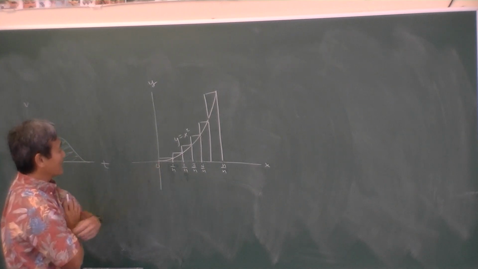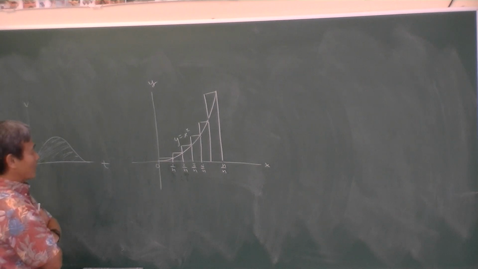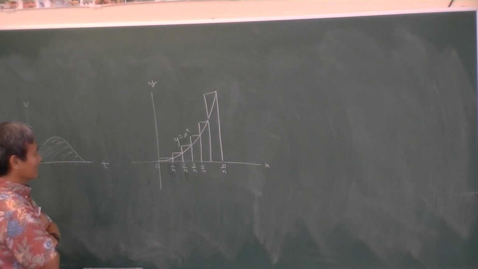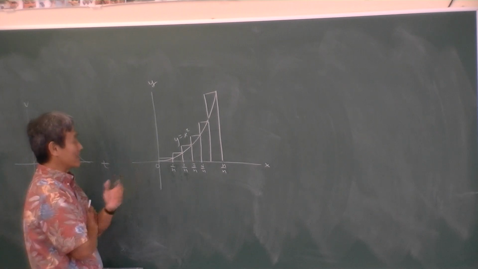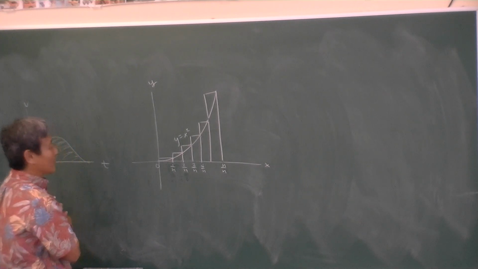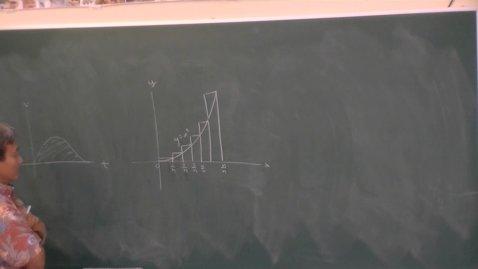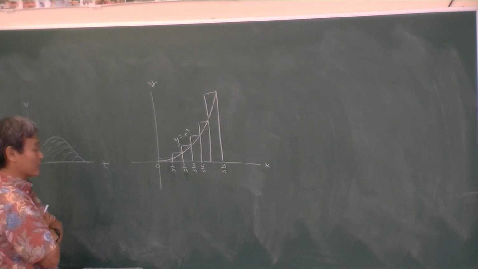So, like in my picture, I have 6 rectangles. If I add them up, that's not the exact area. So, what if I want to be more accurate? What would I do? You make more rectangles. So instead of 6 rectangles, what about 100 rectangles? But even if I were to add those 100 rectangles up, is that the exact area? No, so try to make more. What about 1,000 rectangles? 1 million, 1 billion, 1 trillion.